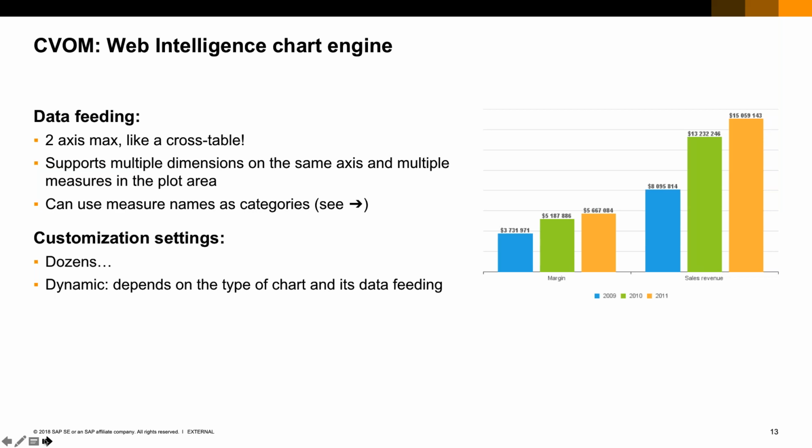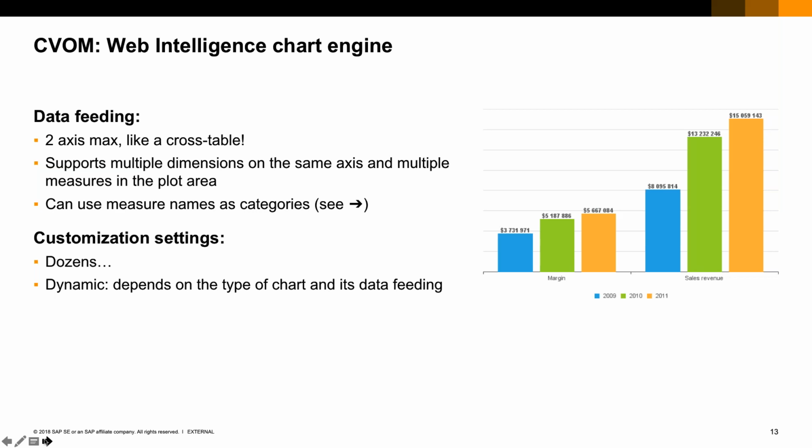So we need to keep this similarity in architecture between the tables and the charts and make sure that we can convert one into another. Of course, it can support several dimensions on each of these axes, just like on a cross table, and it can use multiple measures in the plot area. It can even use the measure names as categories, and this is what you can see on the right-hand side here.